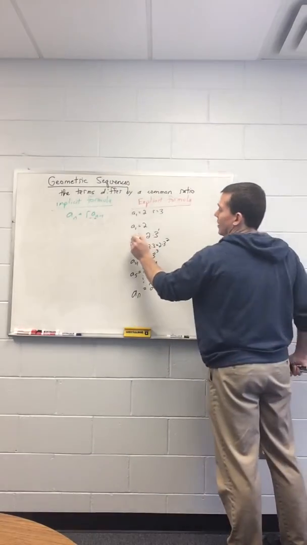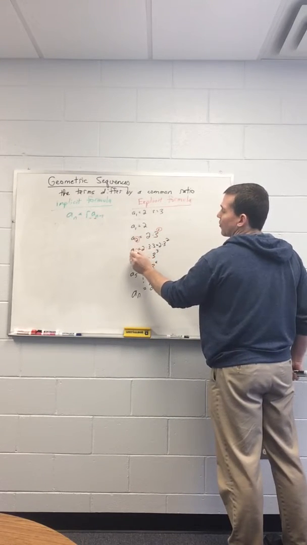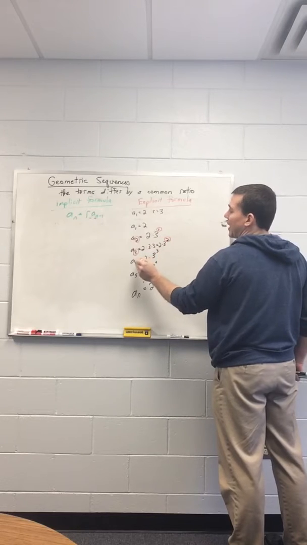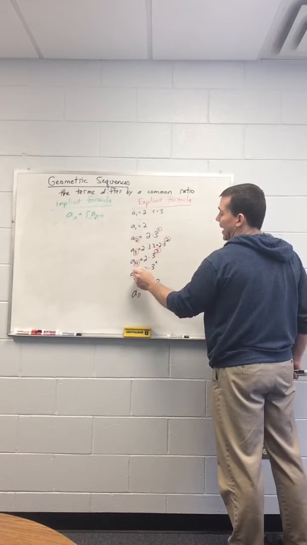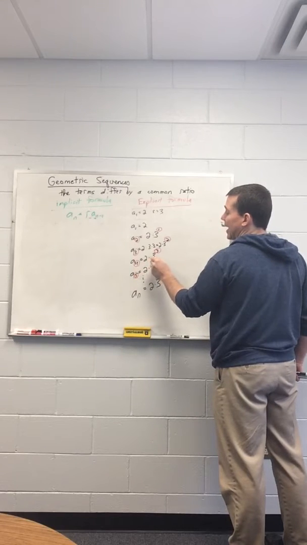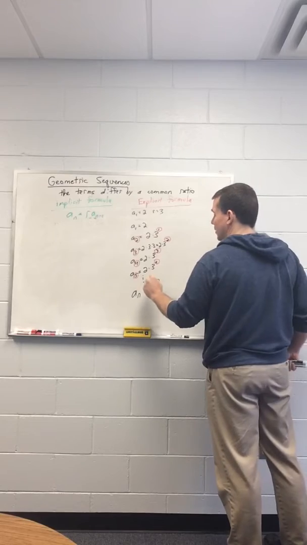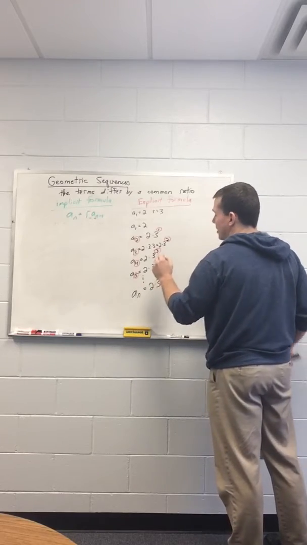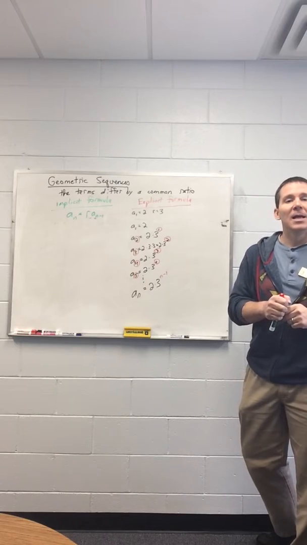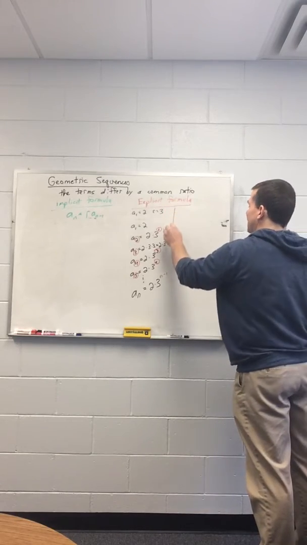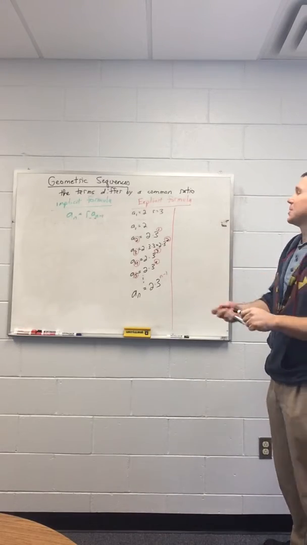Well, a2 had 3 raised to the first power, a3 had 3 raised to the second power, a4 had 3 raised to the third power, and clearly, whatever this n is, the power you raise 3 to is 1 less than it. So this will be 2 times 3 to the n minus 1, since it's a sub n. That's the explicit formula for that particular sequence, but now we can generalize and do it for all sequences.